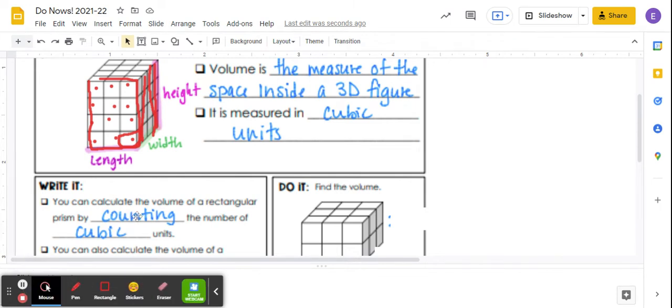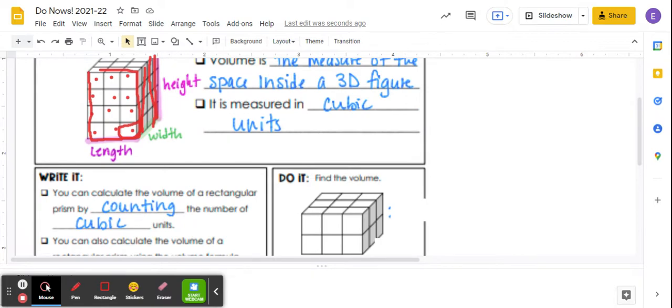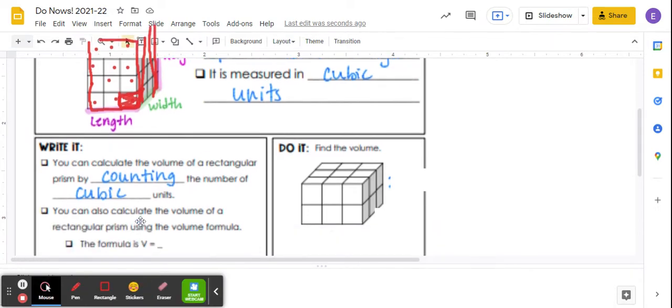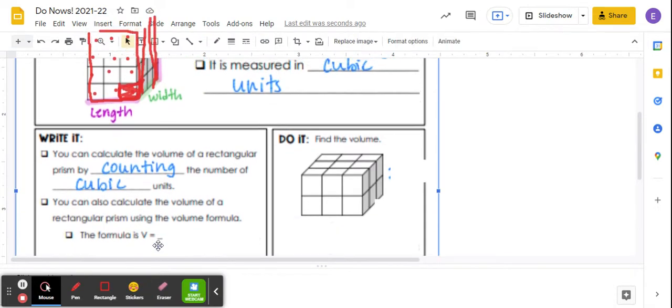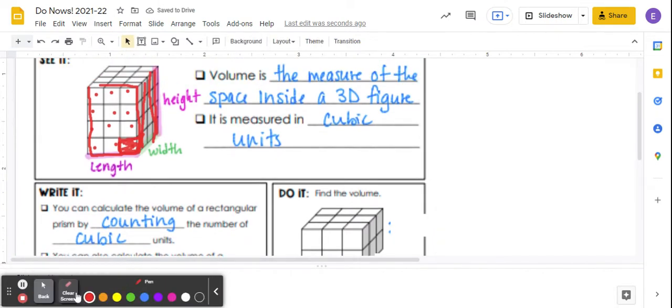You may also, if you don't have the physical blocks to count, or you don't have the lines drawn in like we do here to know that this is a little cube, calculate the volume of a rectangular prism using a formula. So the formula is found by multiplying all of your sides together.